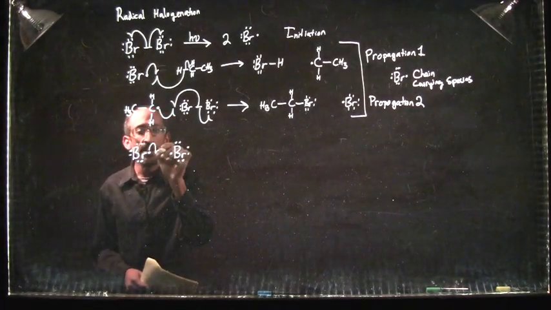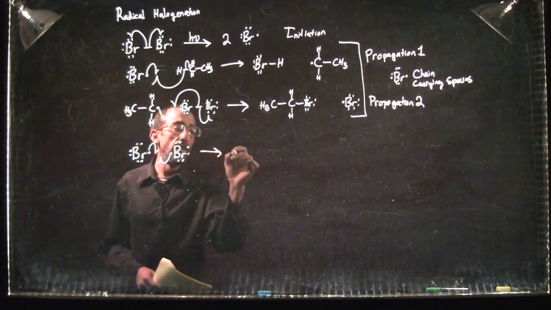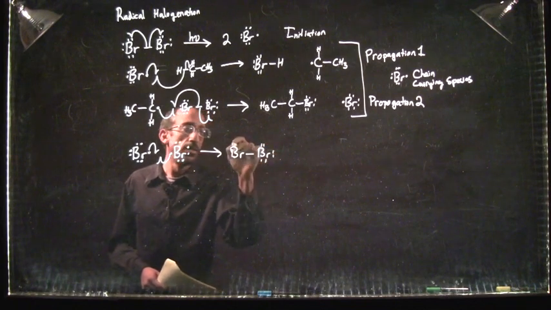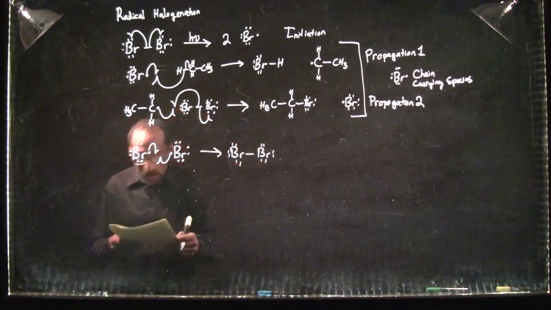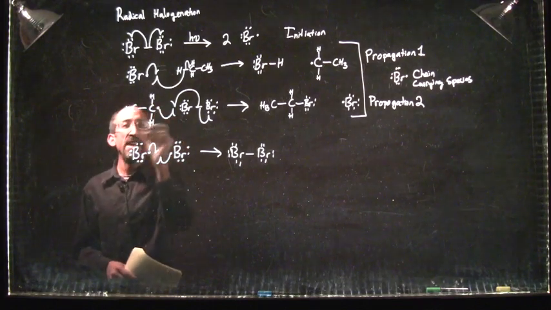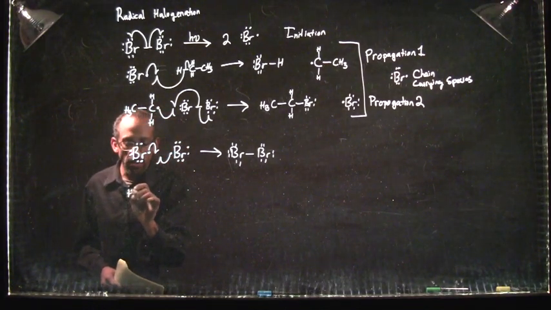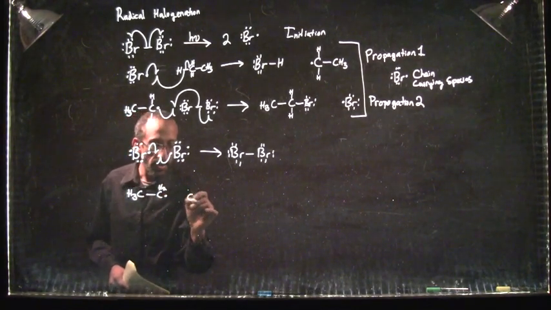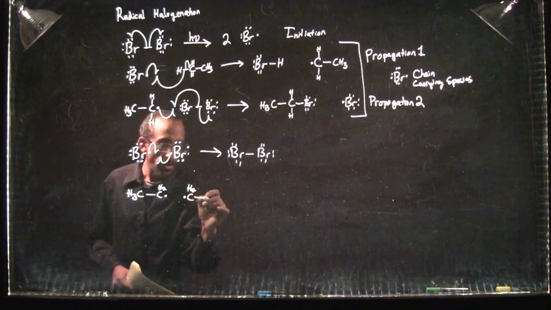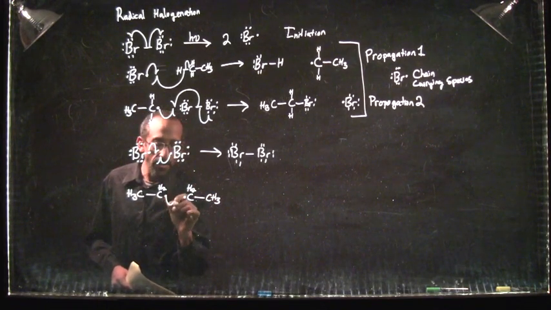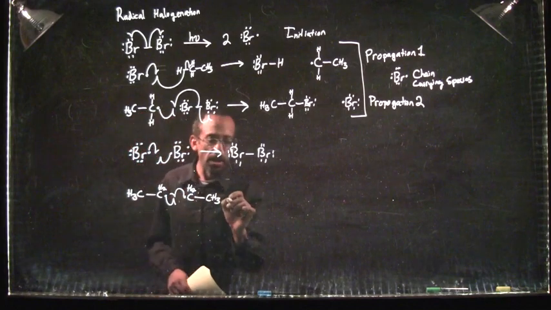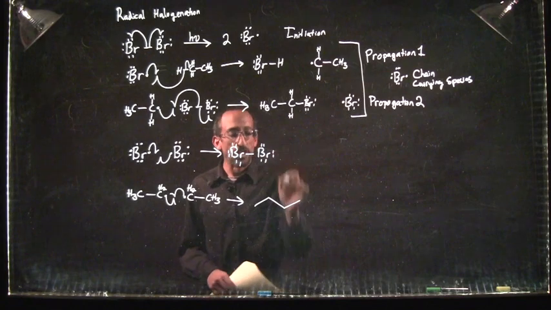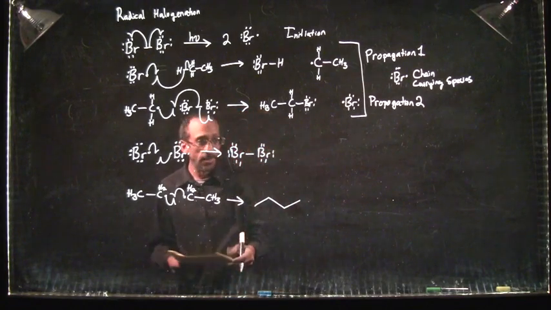Those can combine to regenerate Br2. Or I can have an ethane radical find another ethane radical, and those can combine to form a molecule of butane. Both of these are termination steps that are called recombination.